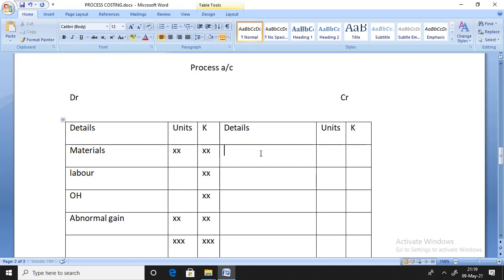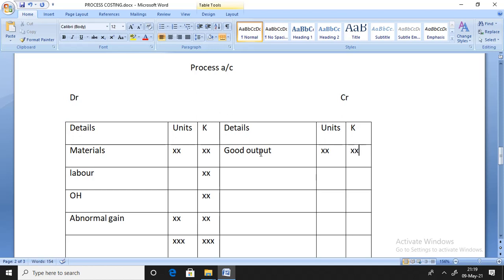Then on the credit side of the process account, you have things like good units produced, which we can say is good output from the process. Record how many units of good output and what's the value of good output.